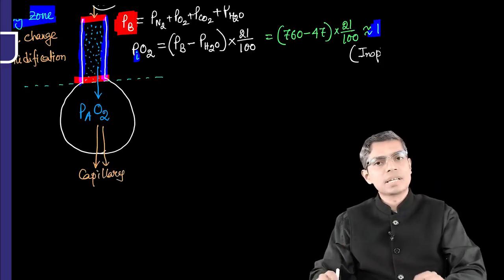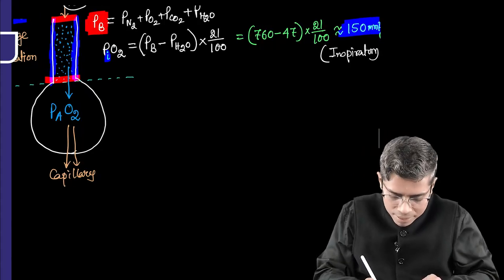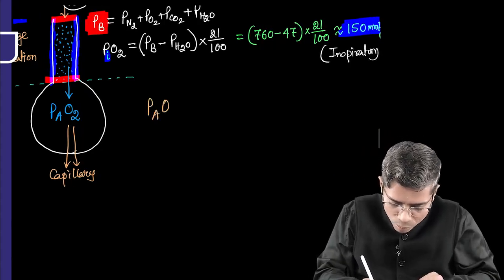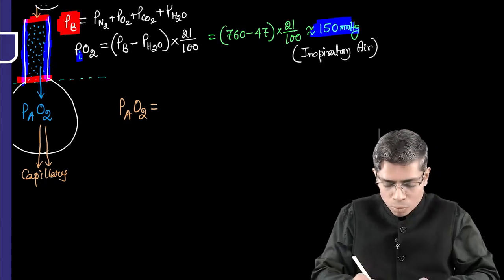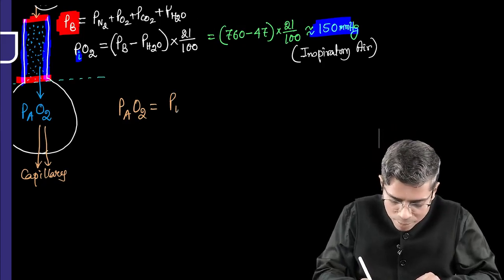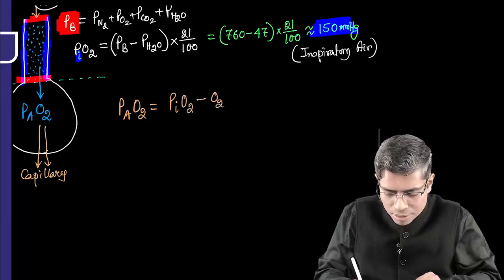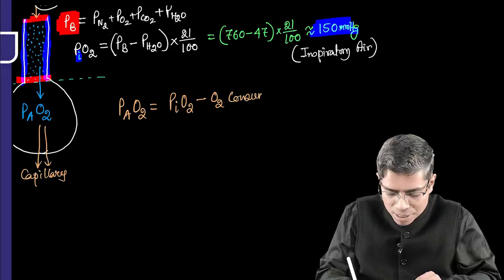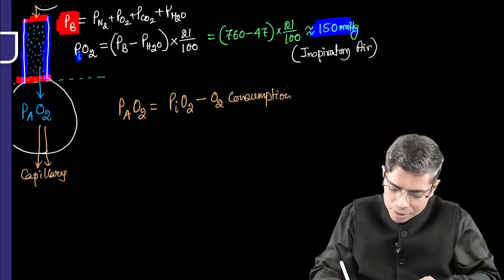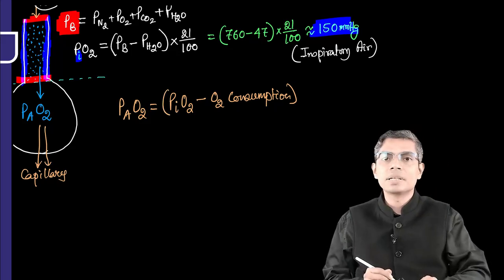So I can easily understand that PAO2 will be whatever oxygen is coming in your inspiratory air, that is PiO2, minus the oxygen consumption or oxygen absorption at the level of the lung. I can write it down like this.